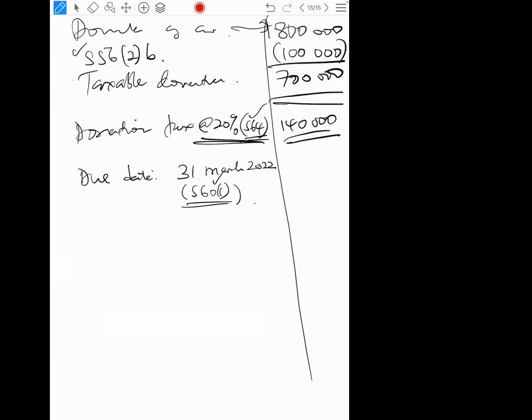Let's go. Donations tax shall not be payable in respect of A, so much of the sum of the values of all casual gifts, highlight casual gifts, made by a donor other than a natural person. Also highlight other than natural person. Remember we said when you say other than, there are two persons for tax purposes, companies and natural persons. So when they say other than natural persons, they are referring to companies.